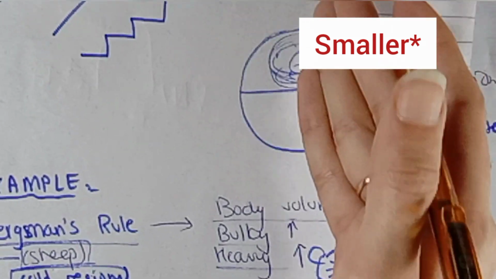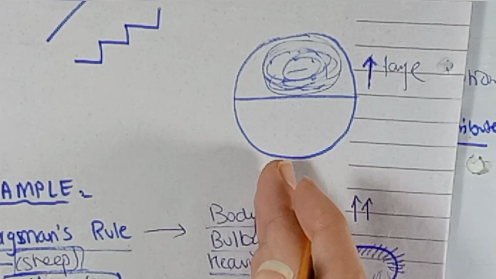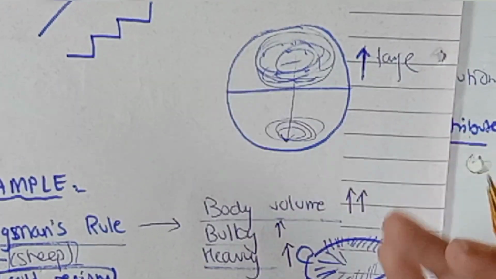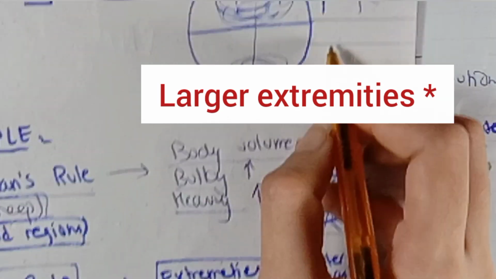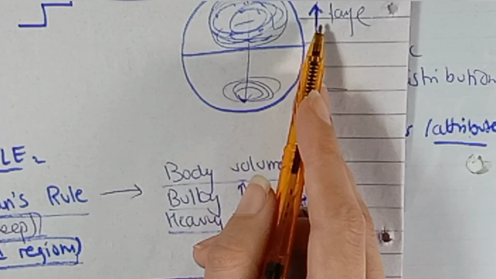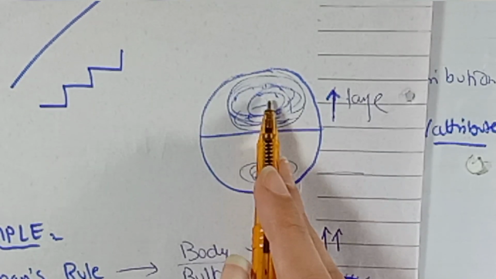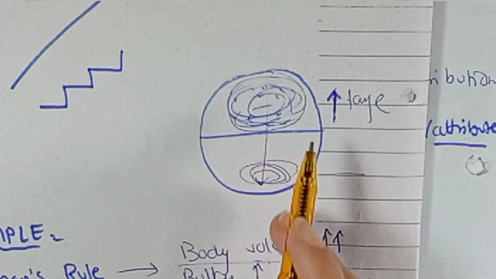But as we gradually move down to the southern areas, the same species of sheep changes. Now they have larger extremities and their body volume is not as large as it was in the colder areas or the northern areas.